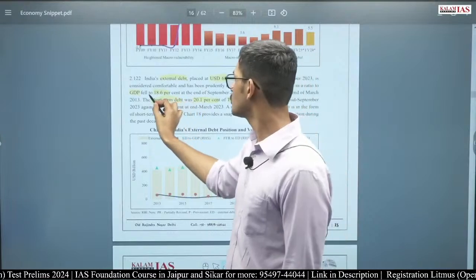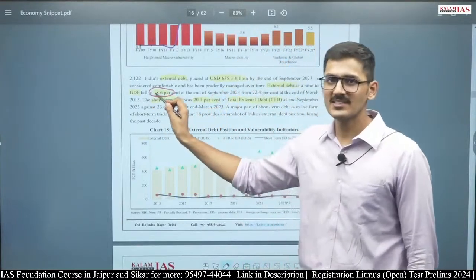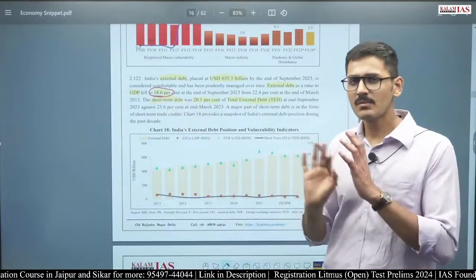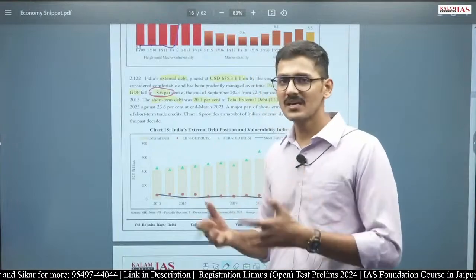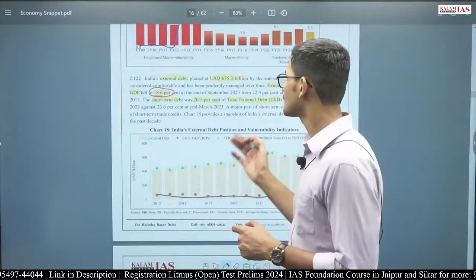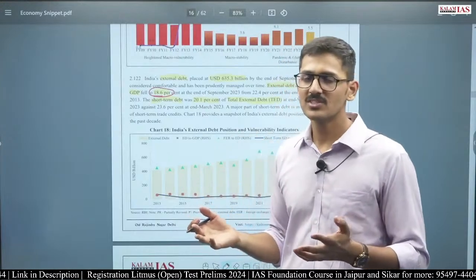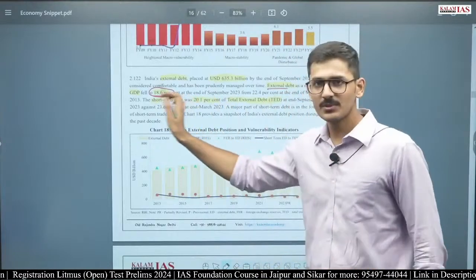You do not have to remember the exact percent, but remember it is somewhere around 20%. That's more than enough. If UPSC gives any factual question, they are going to give an absurd statement on this. They will say that external debt is 90% of India's GDP. No, external debt is just 18% of India's GDP.